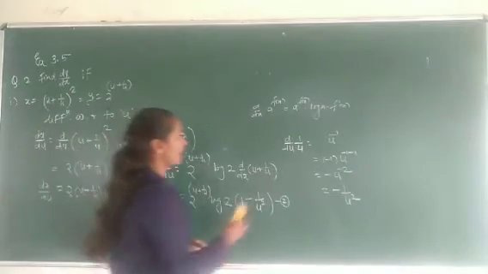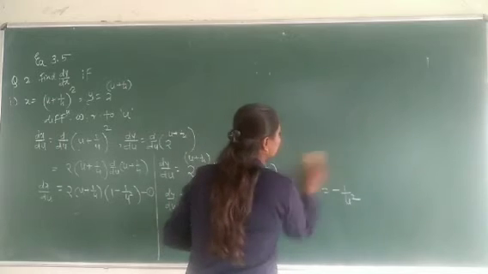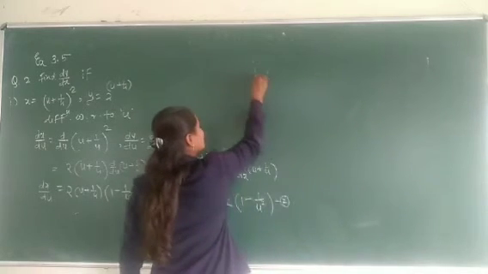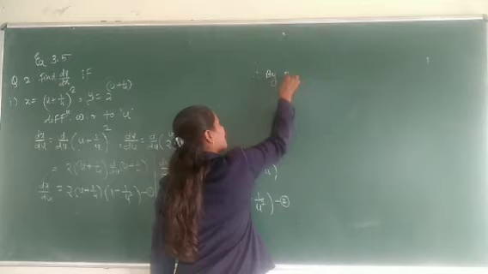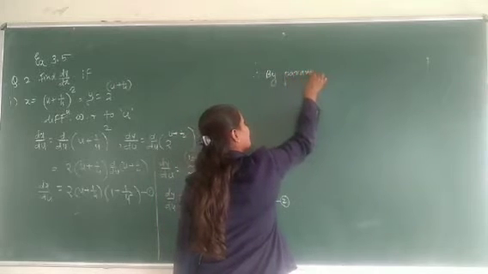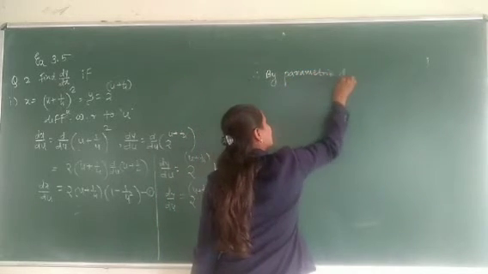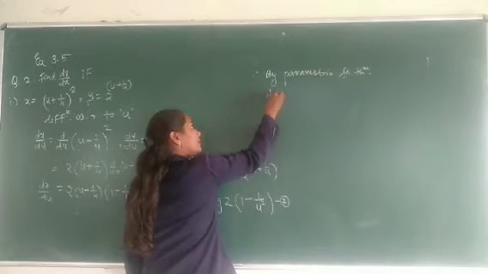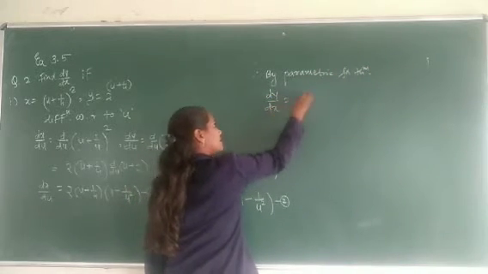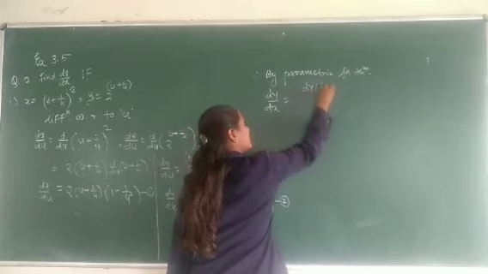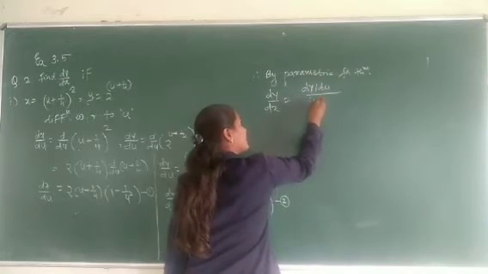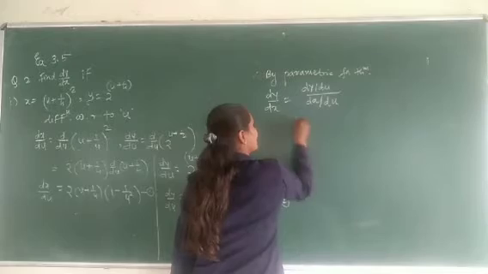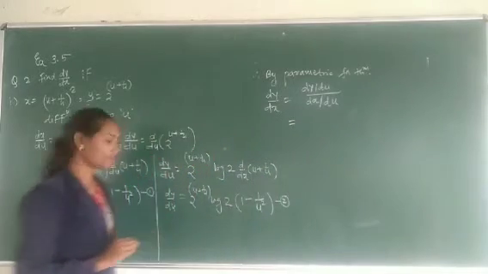So by the parametric function theorem, dy/dx is equal to dy/du divided by dx/du. Now put the value of dy/du.